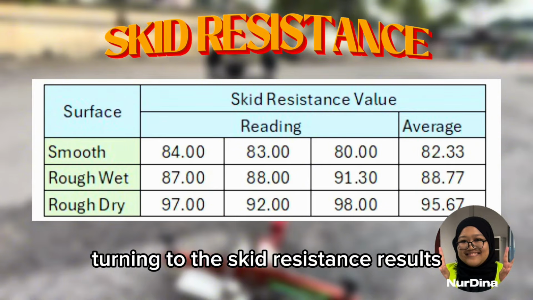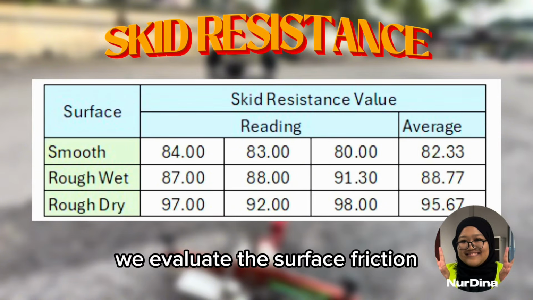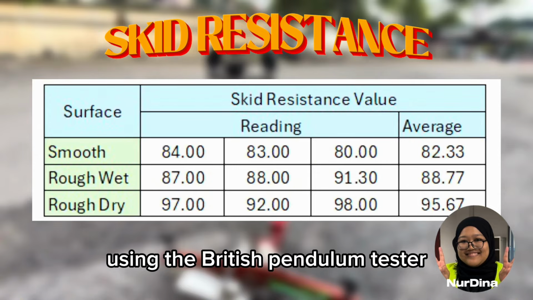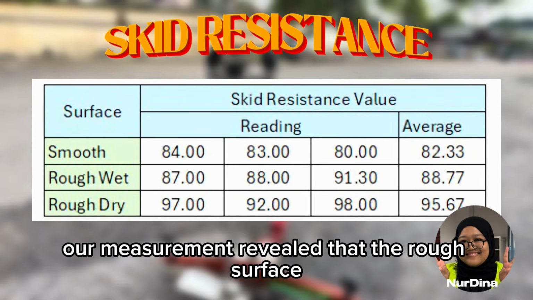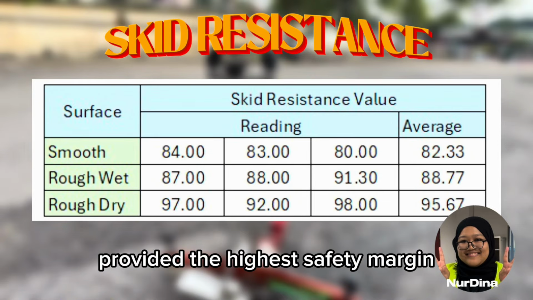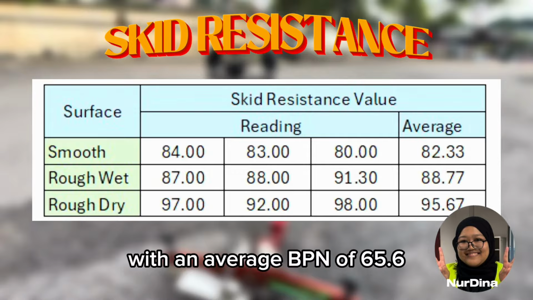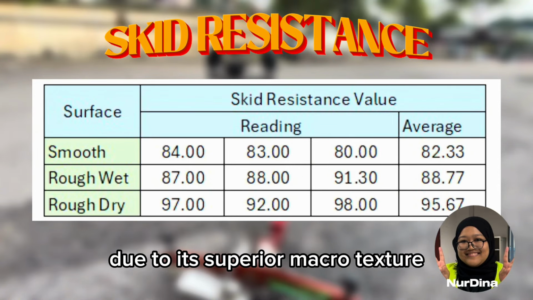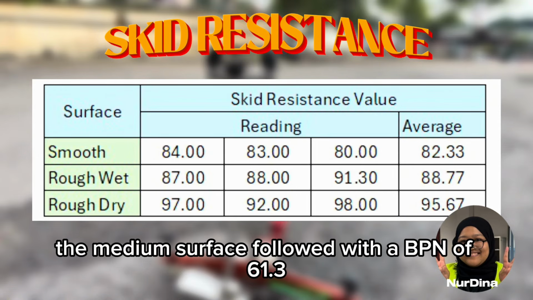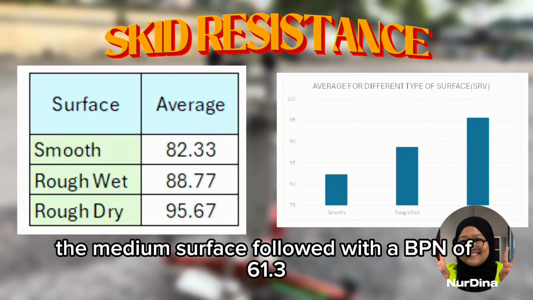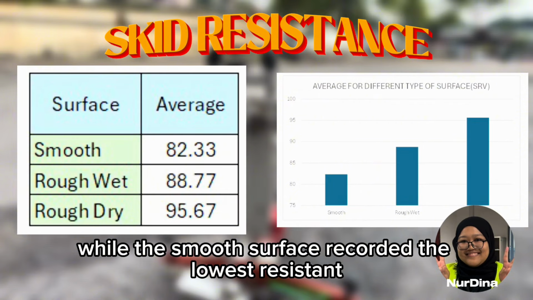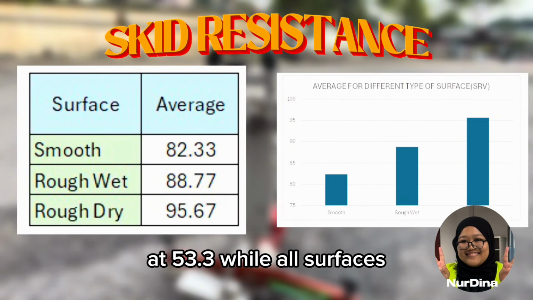Turning to the skid resistance results, we evaluated the surface friction using the British pendulum tester. Our measurements revealed that the rough surface provided the highest safety margin with an average BPN of 65.6 due to its superior microtexture. The medium surface followed with a BPN of 61.3, while the smooth surface recorded the lowest resistance at 53.3.